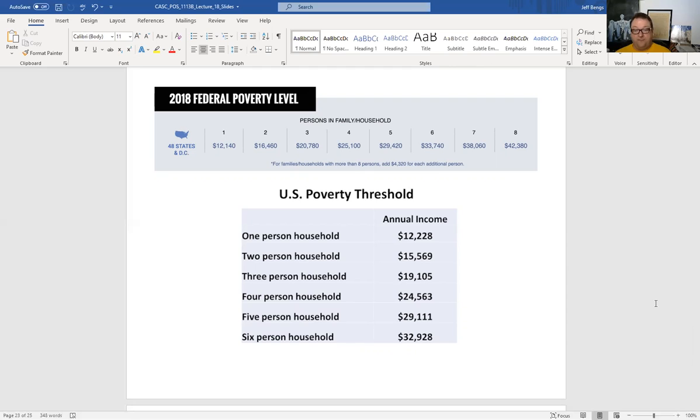So whatever a family's food budget is, multiply that times 3, because you then have to include housing costs, other necessities, and clothing. And so that's how they come up with the poverty line. And anybody who makes less than that is below the poverty line.